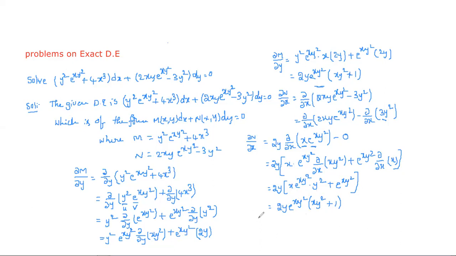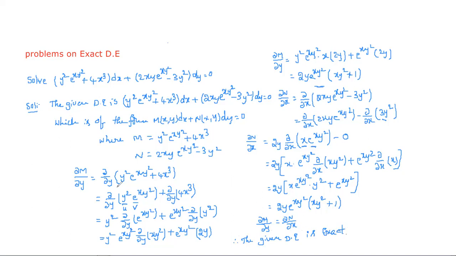So we got the same one. So simply we can write dou m by dou y is equal to dou n by dou x. Therefore, the given differential equation is exact differential equation.